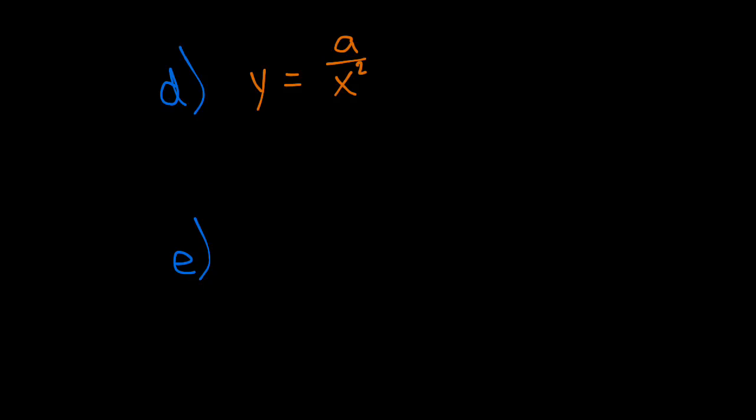So last one, z varies directly with y and inversely with x. So z varies directly with y, so that's going to look like direct variation. So there, if y gets larger, so will z.